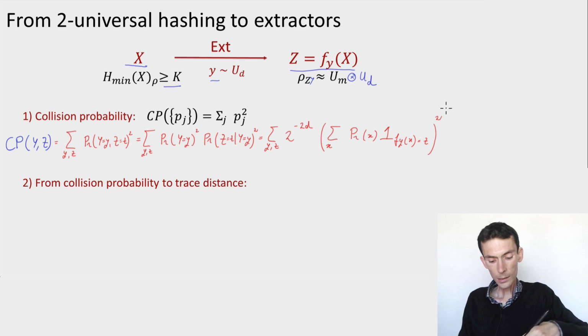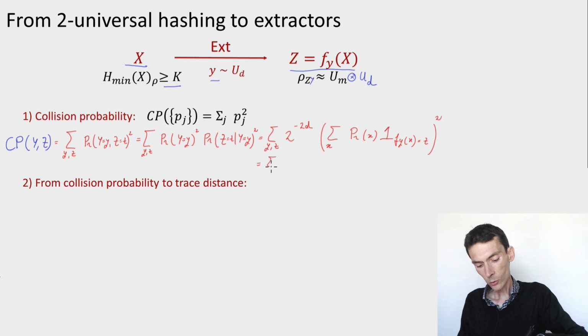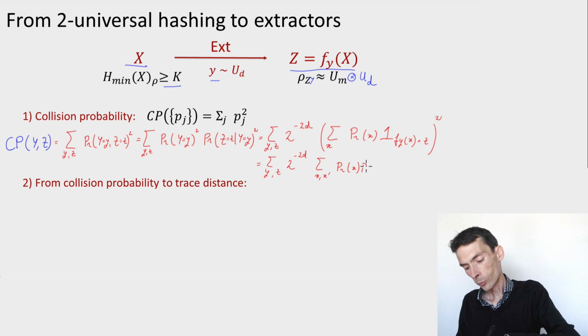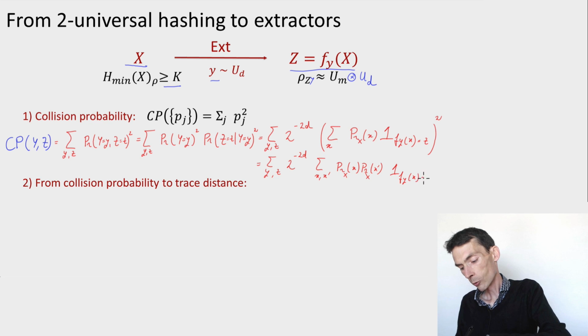So now we can expand this last expression. We'll get the sum over all y and z of 2 to the minus 2d times the sum over all x and x prime of the probability of x, the probability of x prime, these probabilities are taken under the distribution given by x, times the indicator that f_y of x equals z and also f_y of x prime.